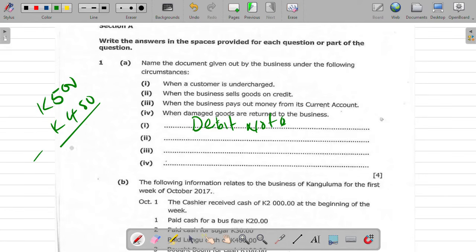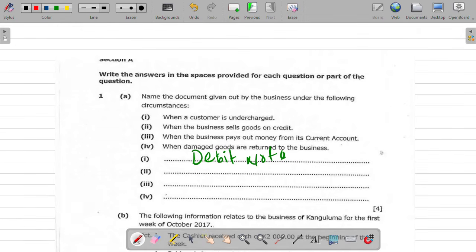So the difference here is 50 kwacha. This 50 kwacha is the one that you put on the debit note when you prepare to give your customer. This means their debited account will increase. They have to pay more money to you as a business. So basically that's the document you use, and we continue.